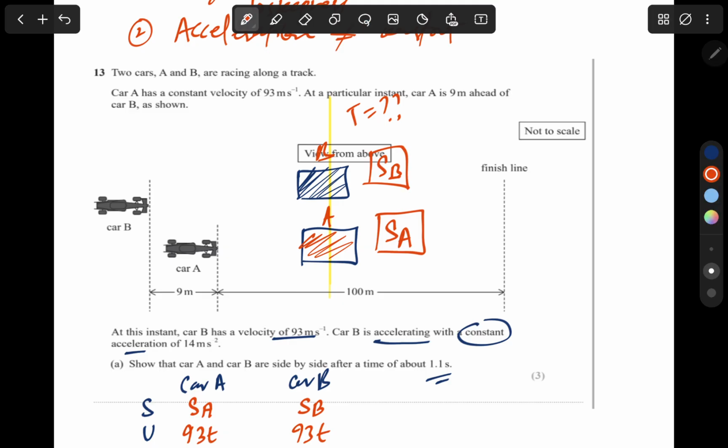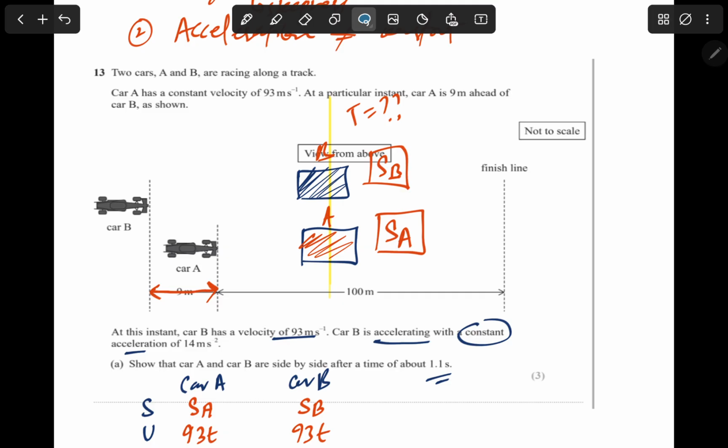Now you see, car B always traveled 9 meters more distance than car A. Why did car B travel 9 more meters? It is because it had to get rid of this 9 meters, because there was a 9 meter difference. To finish this 9 meter distance off and come right next to car A, car B had to travel 9 more meters.